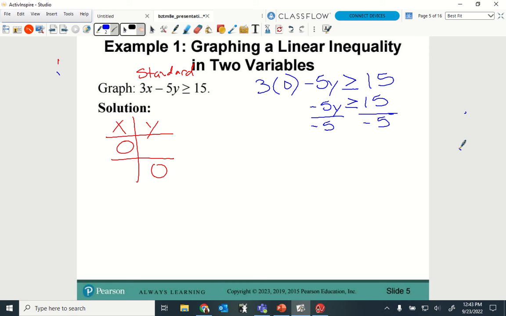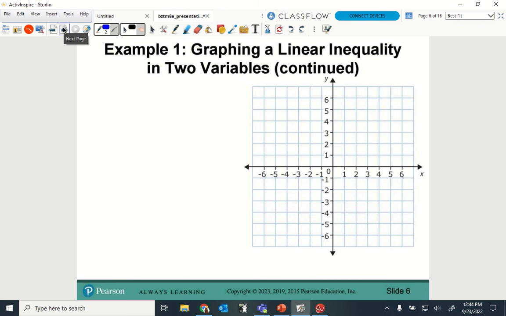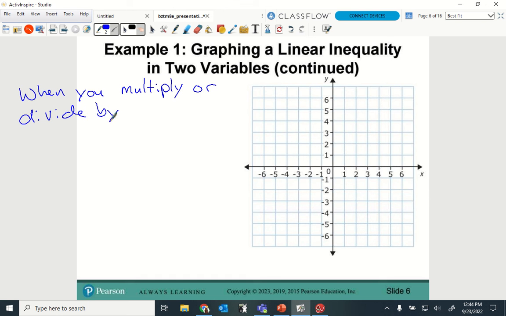But whenever I do this, I'm going to the next page to write down this rule. So when you multiply or divide by a negative, you need to, what do you got to do when you divide?